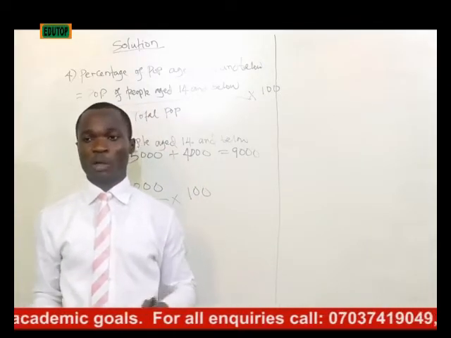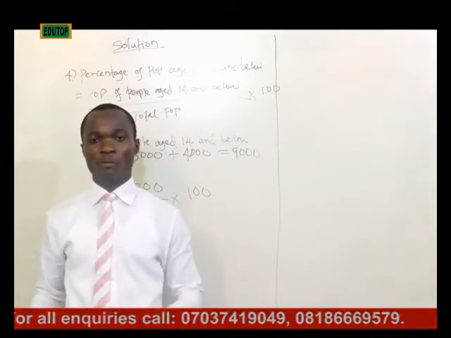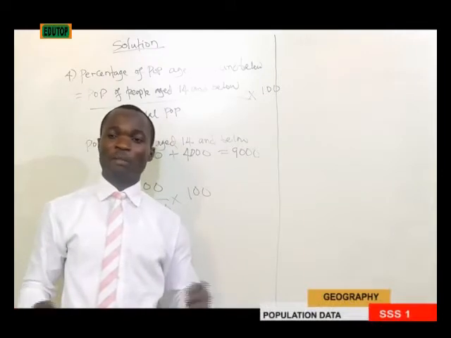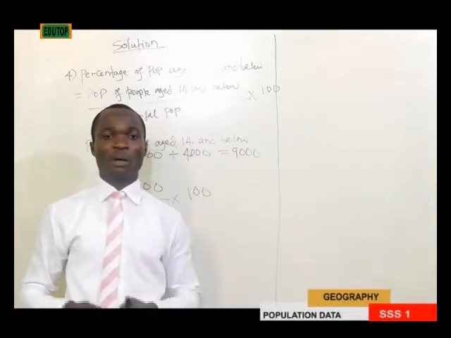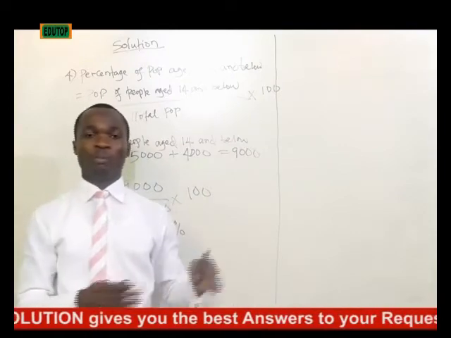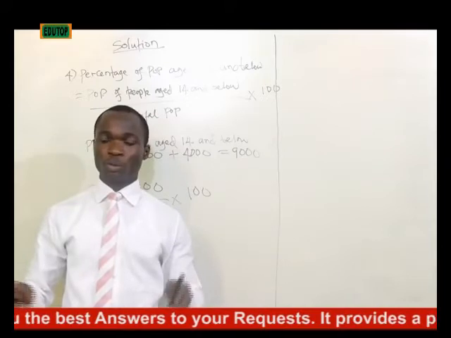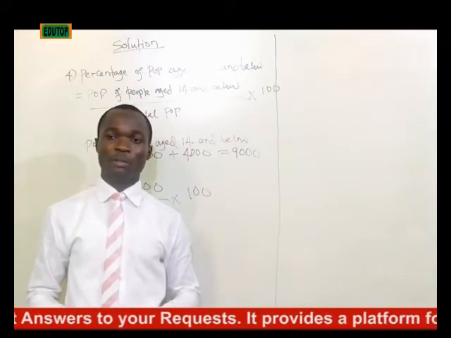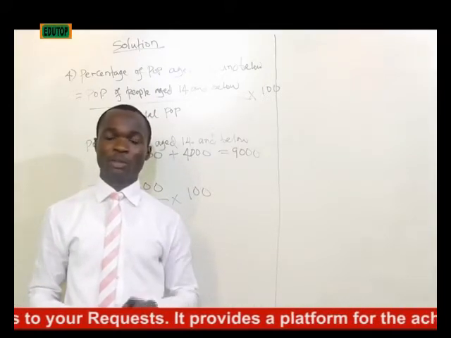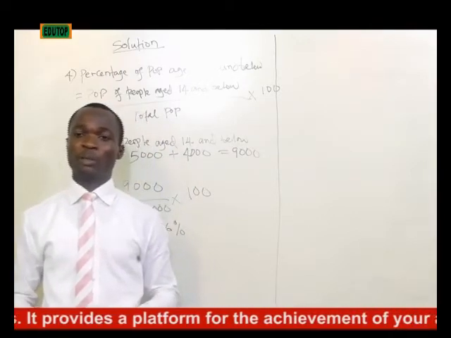That means they are not working. And those who are aged 65 years and above, naturally, they may have retired from work or age has caught up with them and they are now dependent on probably their wards or their children. So if you put these two groups together, and then divide them by those who are working, you have the dependency ratio.